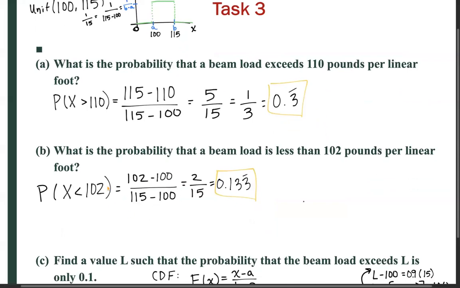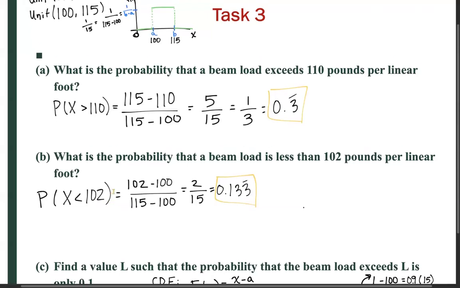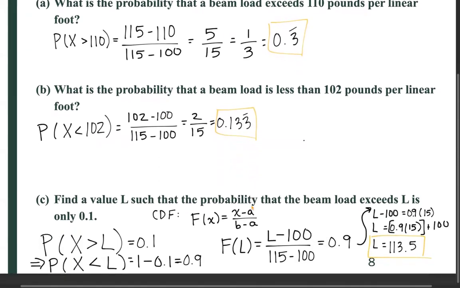And then part B is, what is the probability that a beam load is less than 102 pounds per linear foot? So here we would have the probability that X is less than 102. So here we would have 102 minus 100, and then divide by that denominator of 115 minus 100. When you simplify that, you get 0.133 repeating. And then last but not least, find a value L such that the probability that the beam load exceeds L is only 0.1.